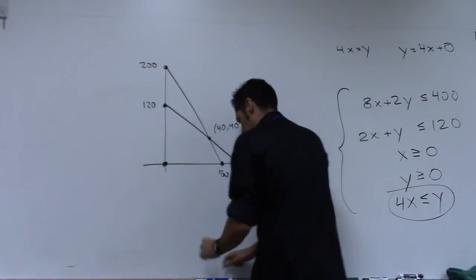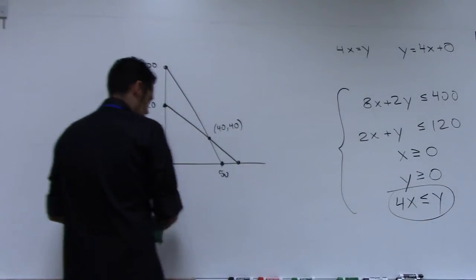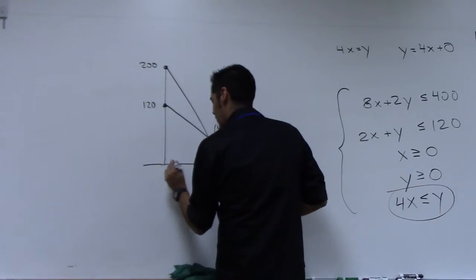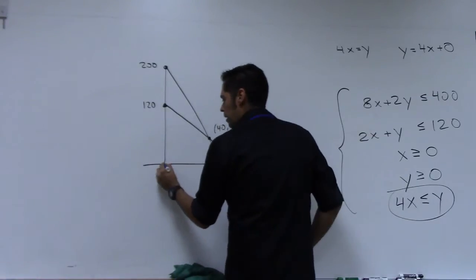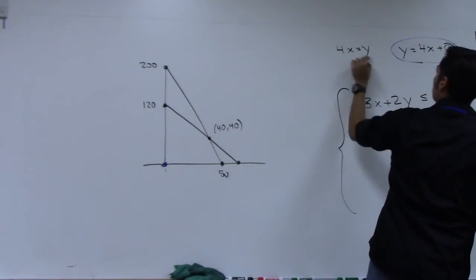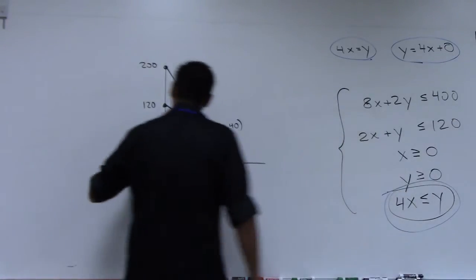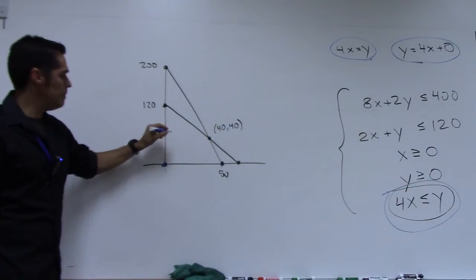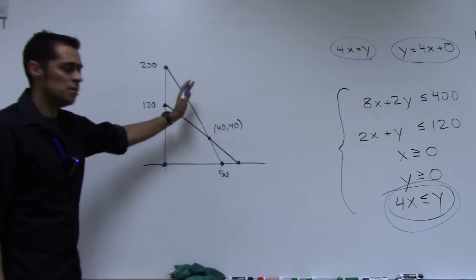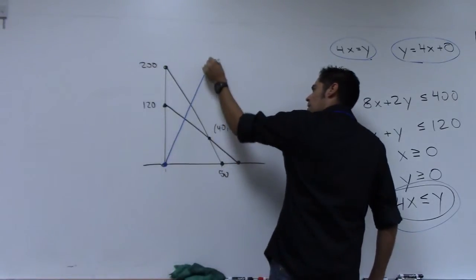Then up 4 over 1, up 4 over 1. Where does it look like it's going to hit? Somewhere in here, so it looks like something like that.